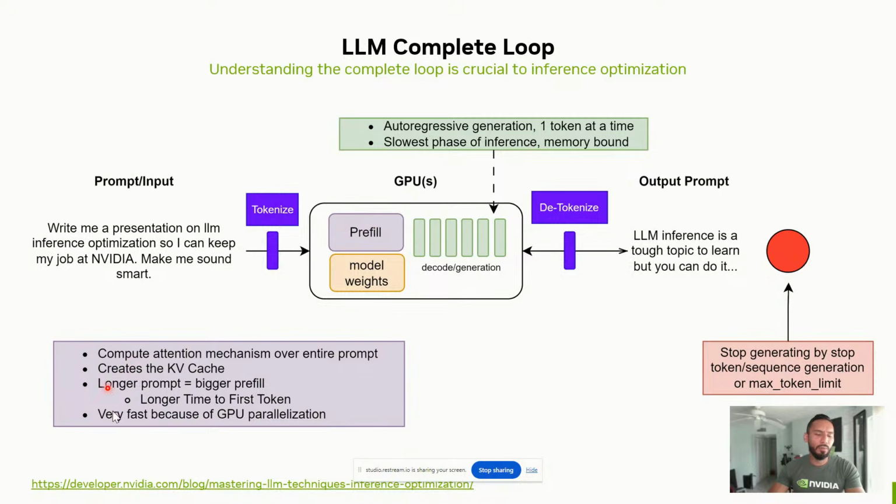On the bottom here, I put some things for you to keep in mind. As you think about the cost of your LLM deployment, this is for folks that run very, very large models like OpenAI, Gemini, Anthropic. This is all the same theory that they're running. When you pass in a huge prompt, now that you understand the amount of data that you push into the GPU, it gets stored and needs to stay there on the GPU.